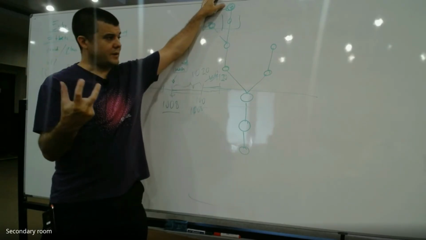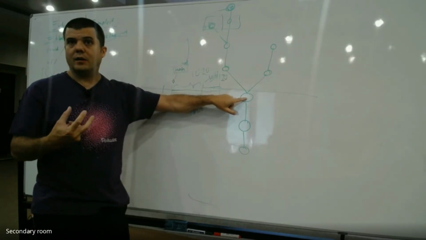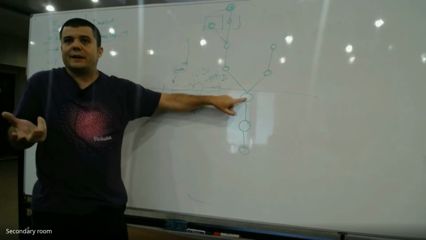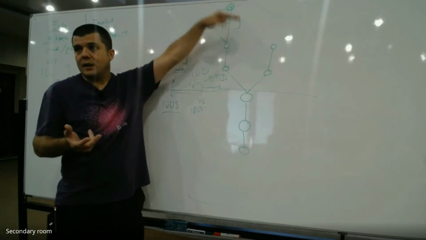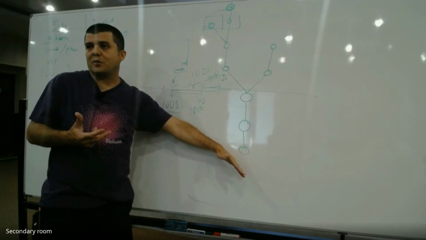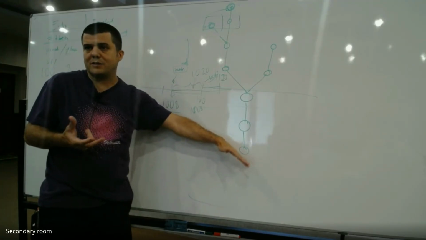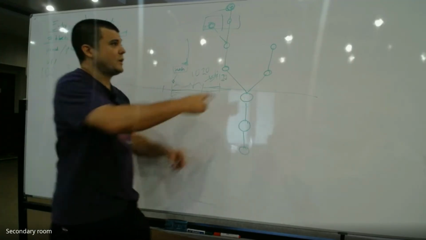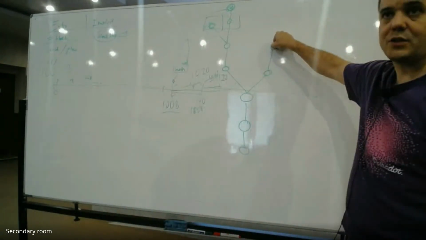So if I validate that transaction against the currently finalized block, the transaction is invalid because it doesn't know about this. If I validate it against this one, I'm going to try to find the block hash and it doesn't match, so the transaction is invalid. If I try to validate it against this block, the transaction is invalid.